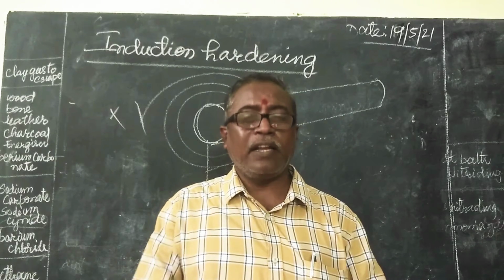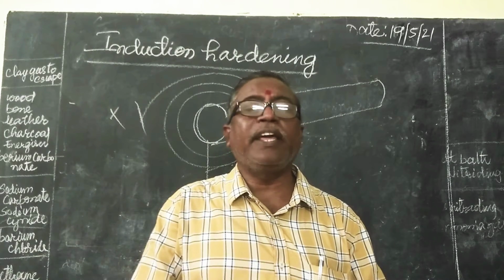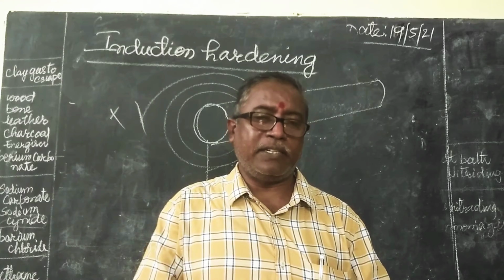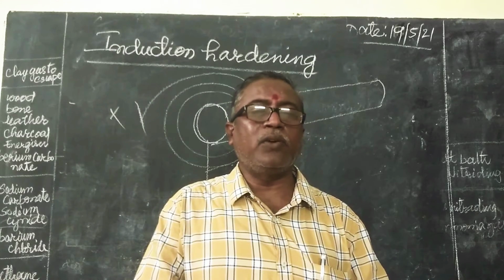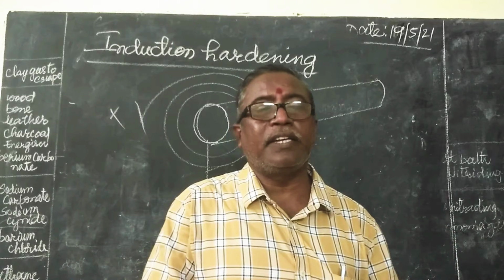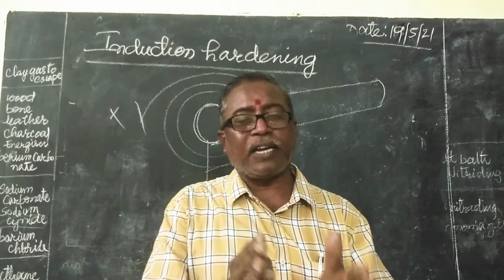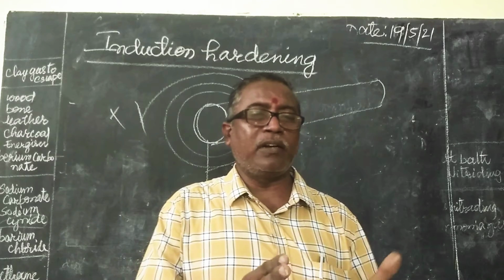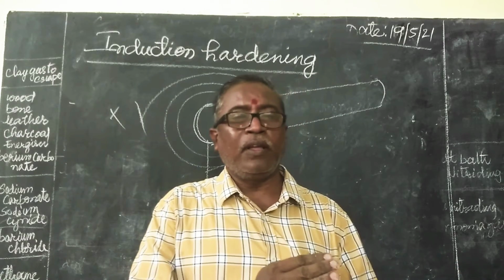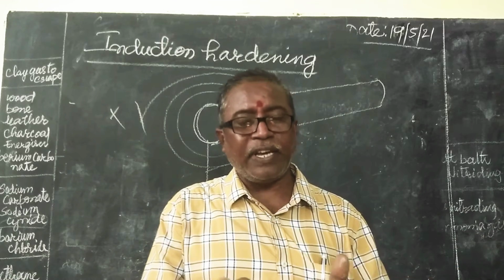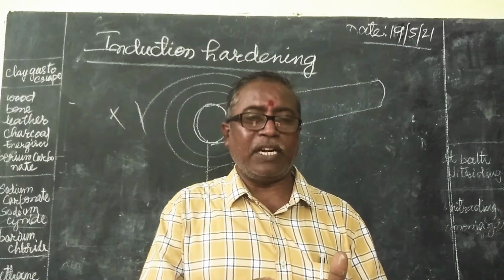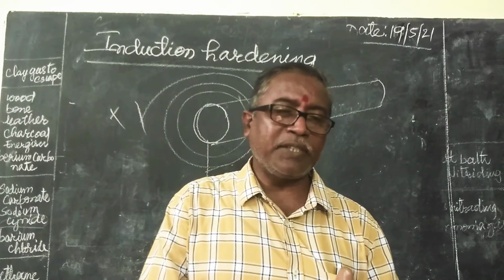The gears are wearing out, the teeth are wearing out. So to avoid that, we can harden the surface by doing induction hardening for gears, for shocks, for part of the component, wherever the surface is. So depending on that we can do induction hardening.